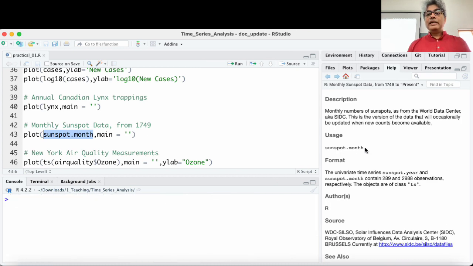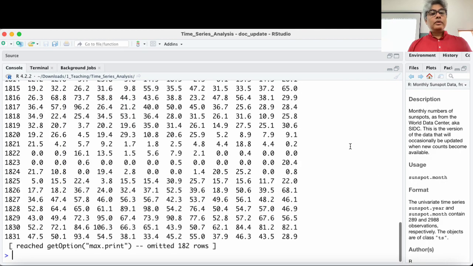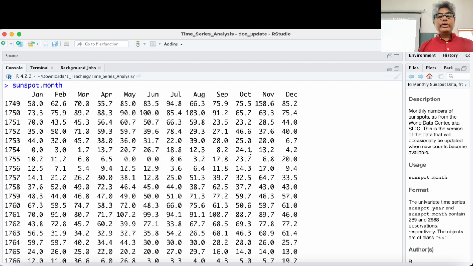Let me just clear it. This is one of the advantages in R: if you save it as a time series object, you can present the data in a nice format. Inside, the data is stored as a vector with all the index information. But here what we have is nicely presented.